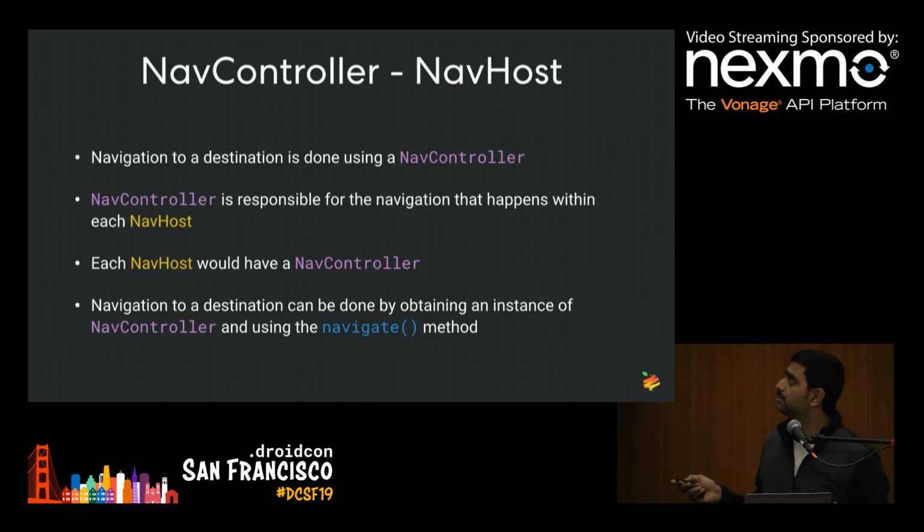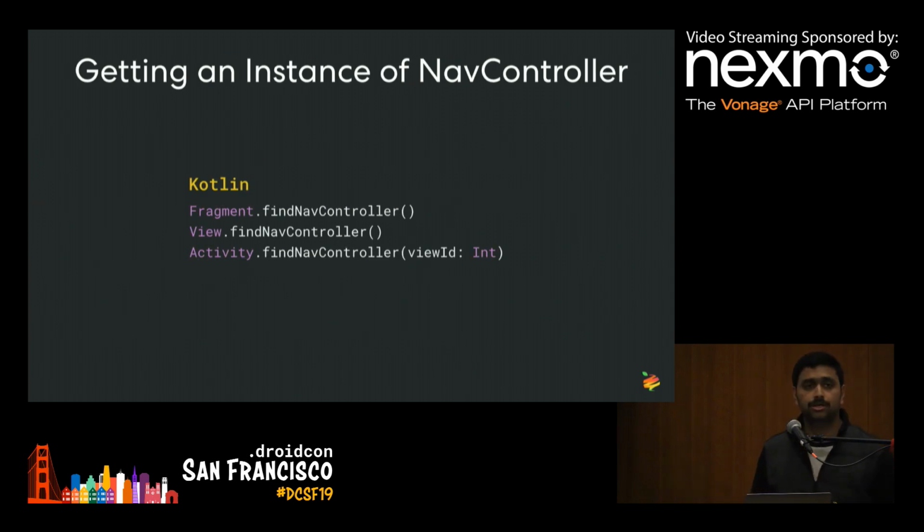And it's pretty much easier to get an instance of a nav controller if you're using Kotlin, which I hope you do. There are excellent extension methods on fragment, view, and activity. So you just say find nav controller, and Kotlin works its magic, and it gives you an instance of nav controller. So you don't really have to worry about anything.